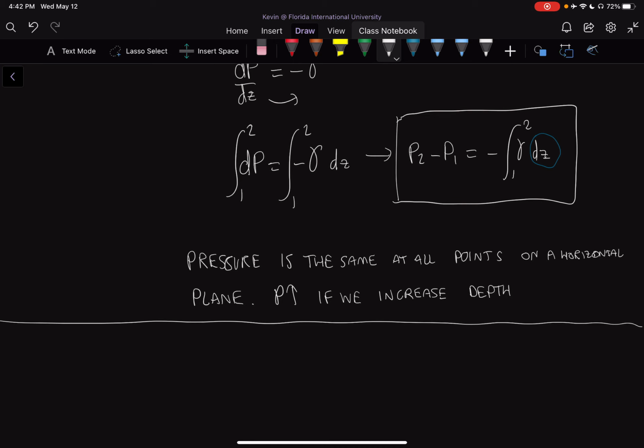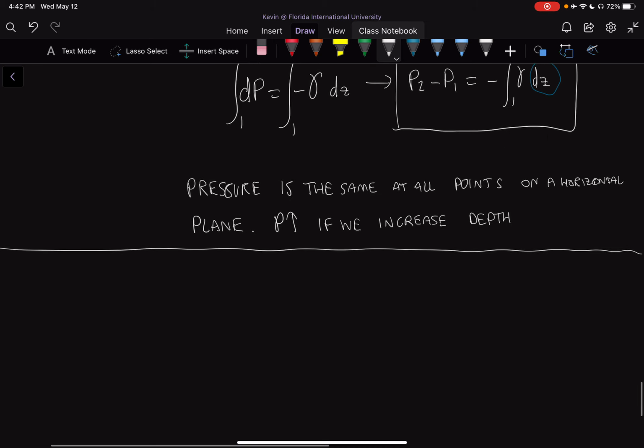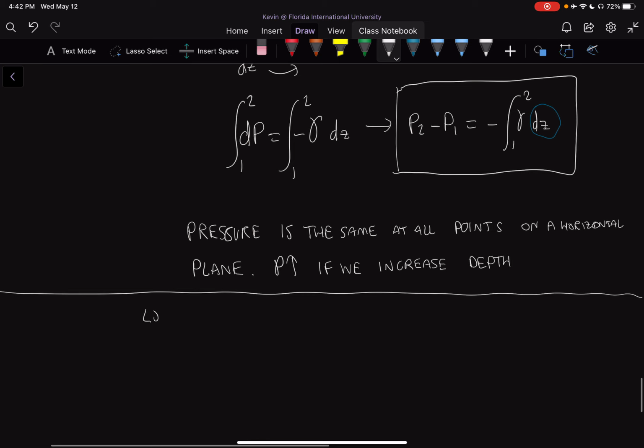Okay, so now let's look at liquids specifically. If we have a liquid, we can assume that most liquids are going to be incompressible. It's an assumption that we can usually make within this class, except at very, very high pressures.